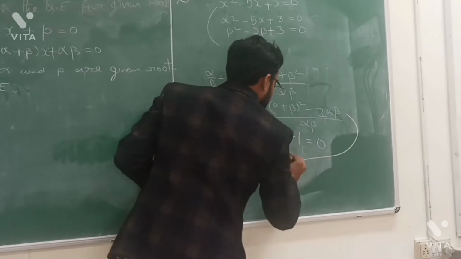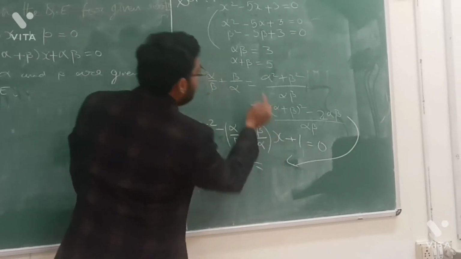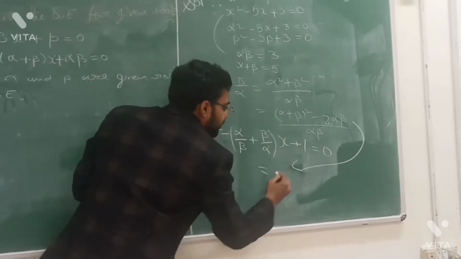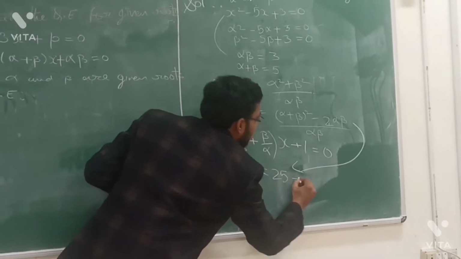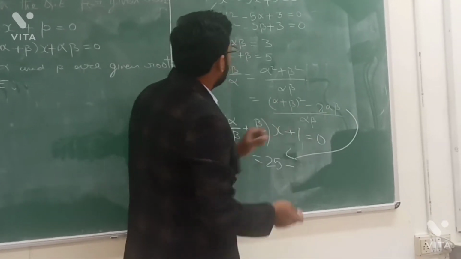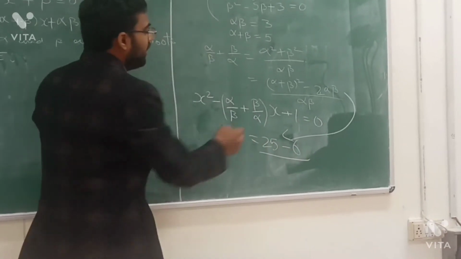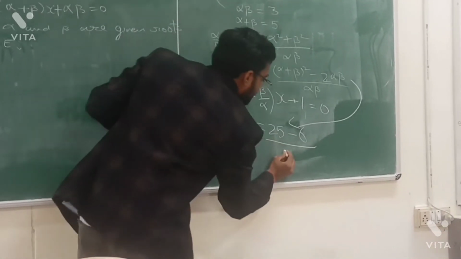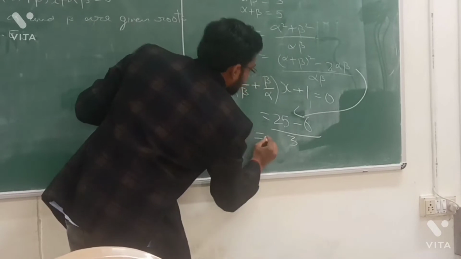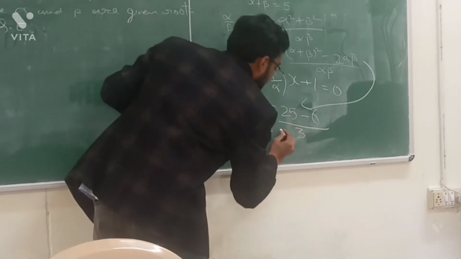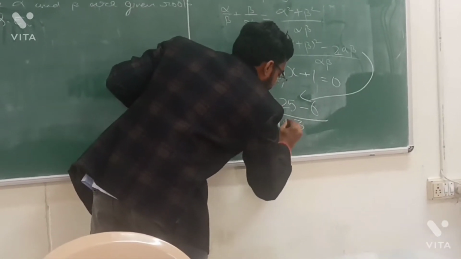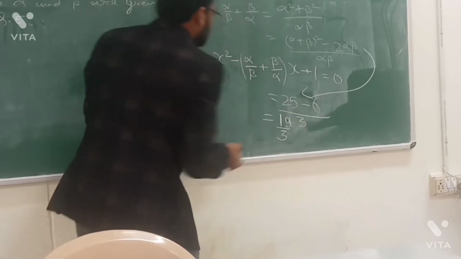Here alpha + beta is equal to 5 and its square becomes 25, minus 2 alpha beta, which means 6, upon alpha × beta, which means 3. Now it becomes 19/3.